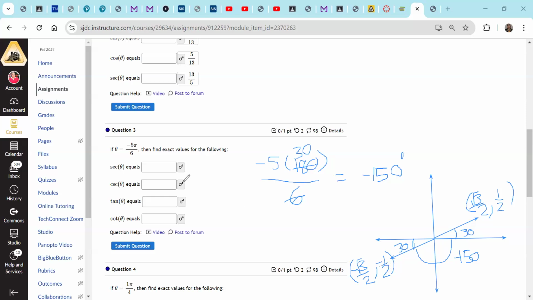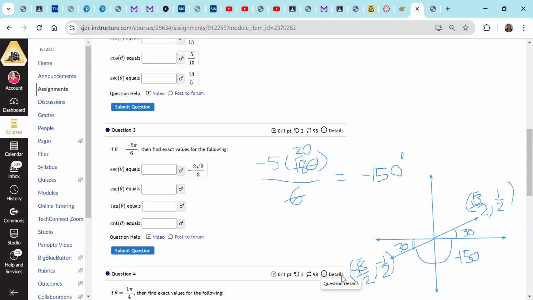But I'm supposed to find the secant. Secant is opposite of the cos, so that will be negative 2 over square root 3, which is rationalized by multiplying with square root 3. Cosecant is opposite of the sine, so negative 2 will be that one. Then tangent is sine over the cos.